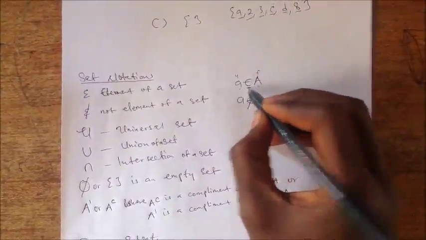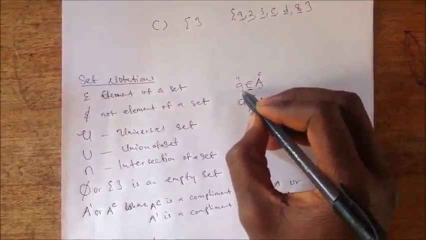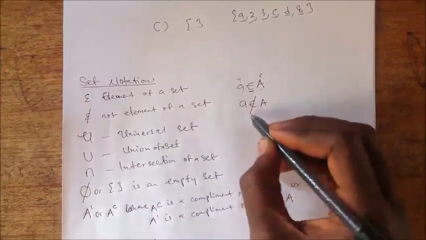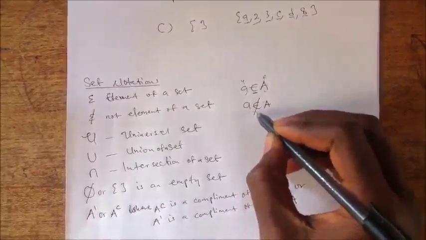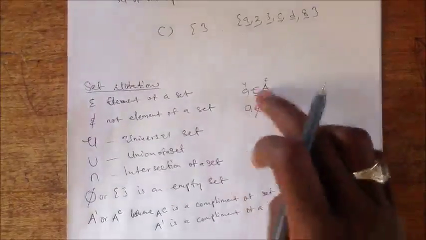If we see the first one, we know that small a is an element of capital A. But here it is saying that small a is not an element of capital A.